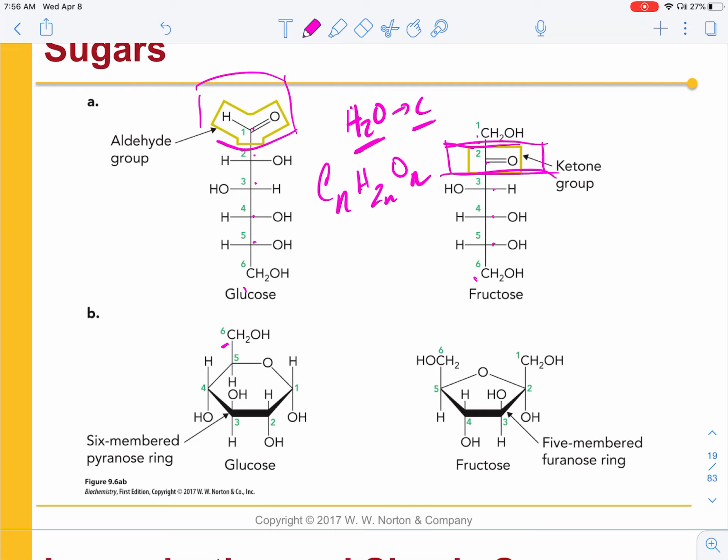It's carbon number six here, but it forms a six-sided ring, whereas fructose forms a five-sided ring because of the nature of where the carbonyl is. Now, note they still have six carbons. Fructose is not a five carbon sugar, it still has six carbons. It's just that the ring structure is different in that case. We'll see this has profound implications in glycolysis.